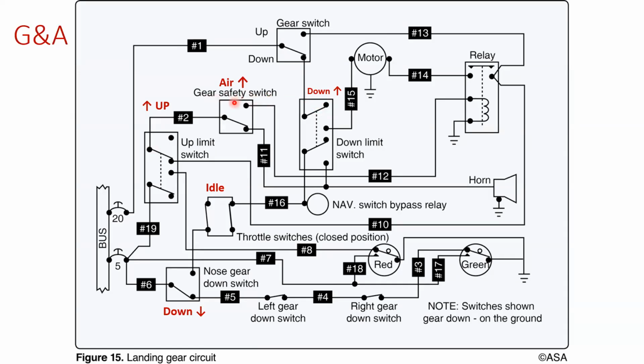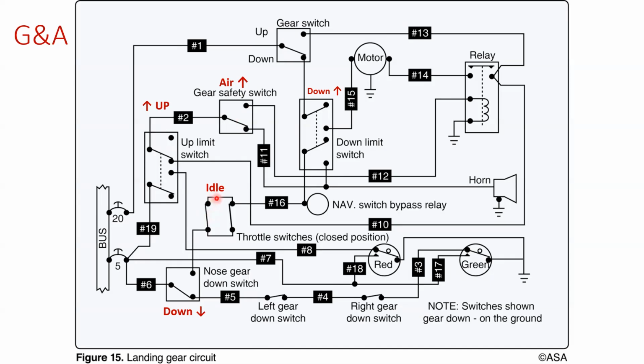Our gear safety switch, another important one, is in the air mode if it's up, and if it's in the position shown, kind of down on the drawing here, this is the weight on wheels for safety's sake, or squat, which is another name for this.